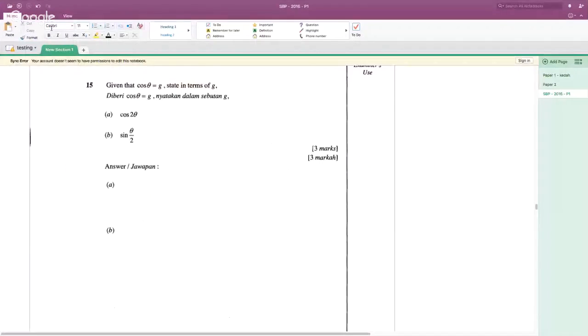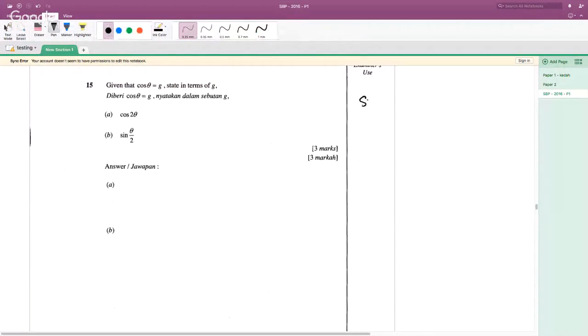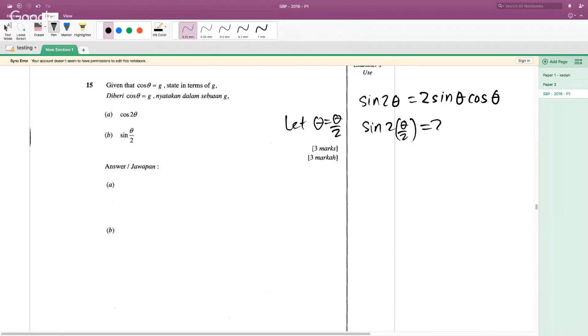Okay, how does half theta come from? It comes from sine 2 theta. If sine 2 theta equals 2 sine theta cos theta, right? So what happened is, if I change theta into theta over 2, so therefore I have sine 2 theta over 2 equals 2 sine, all the theta become theta over 2.